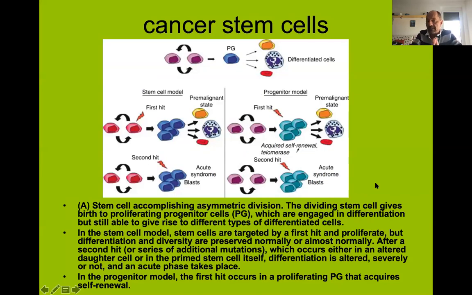The cancer stem cell hypothesis, I think we saw already. This is just a reminder, where there is more stress on the cancer stem cell concept. So we saw that you need a mutation, and then this mutation will lead to a tumor. But in the end, what happens?